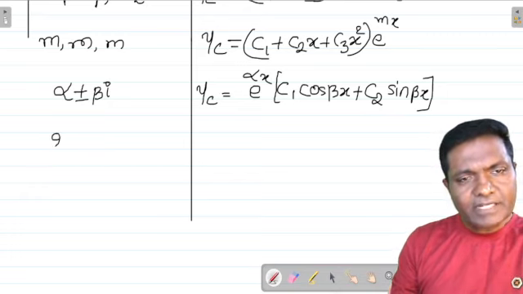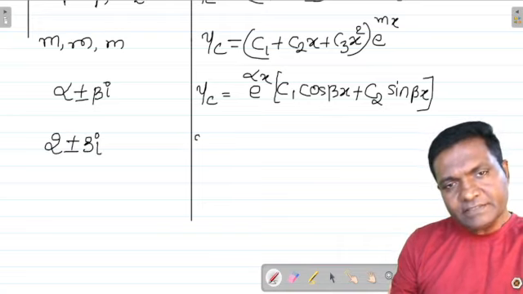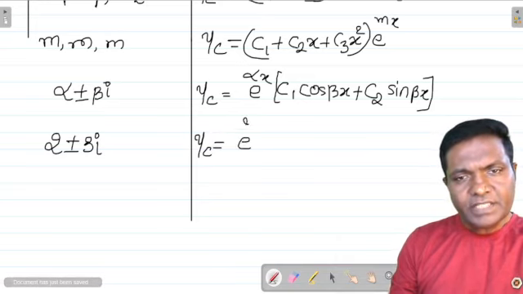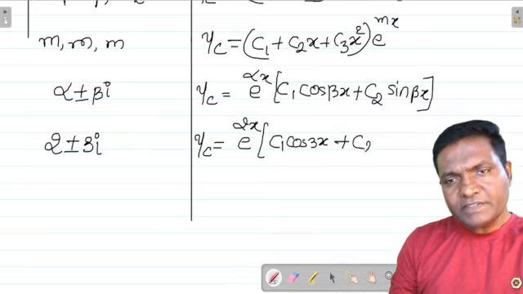For example, look at this. If you have roots like 2 plus or minus 3i, then yc is e^(2x) into (c1 cos 3x + c2 sin 3x).